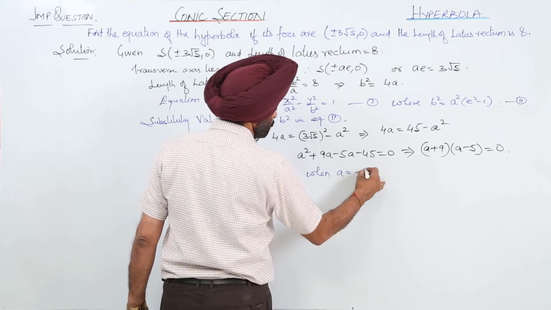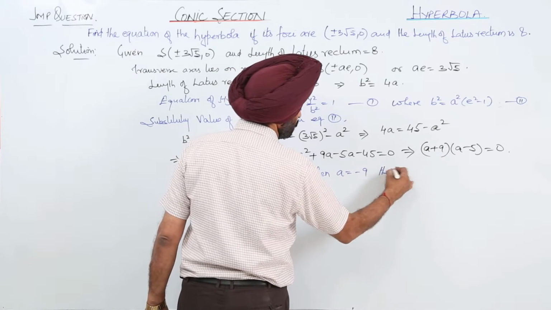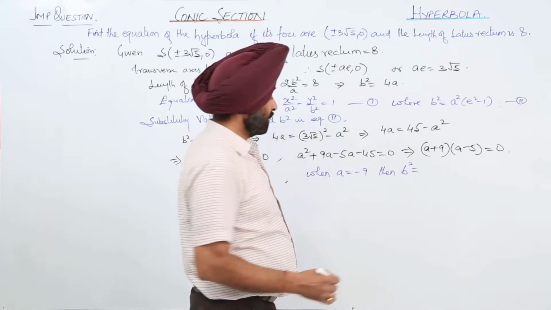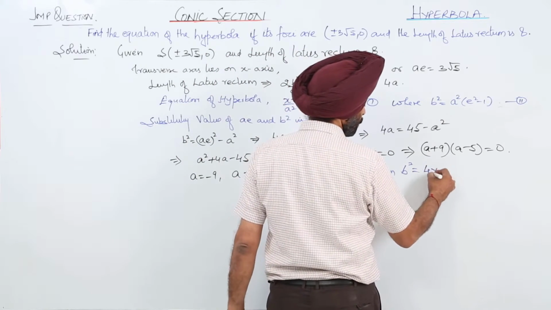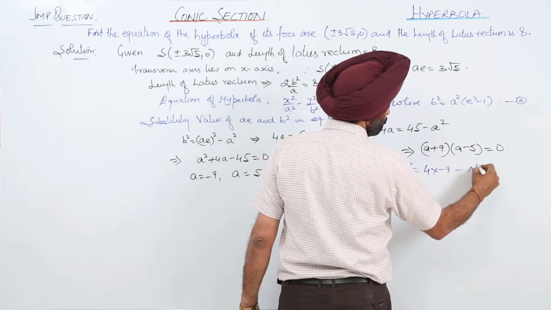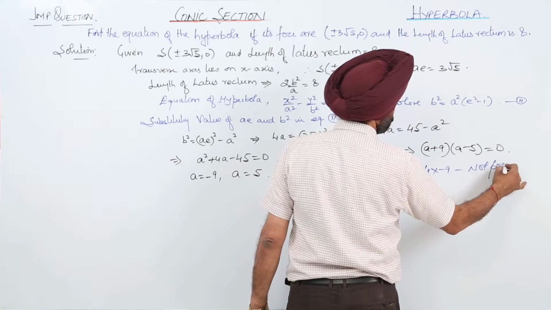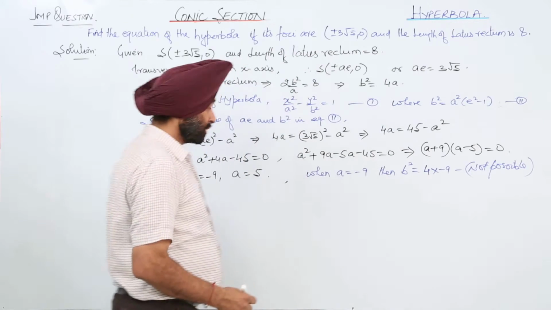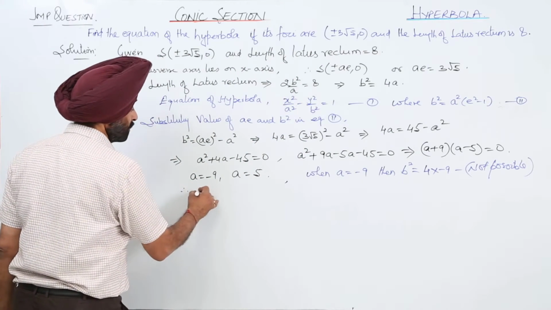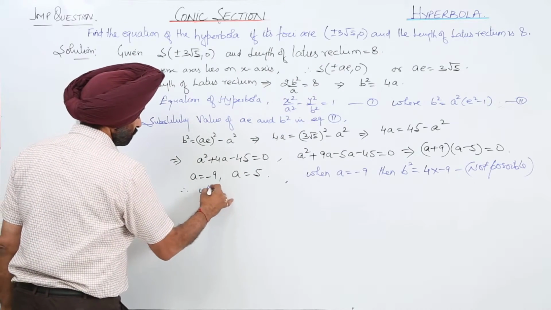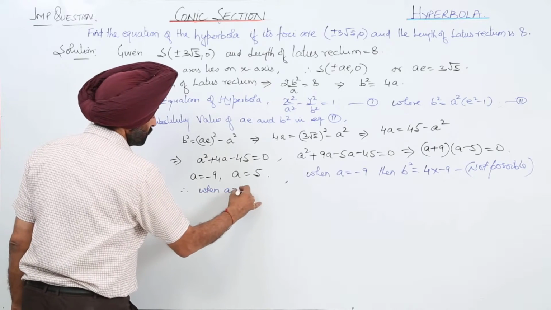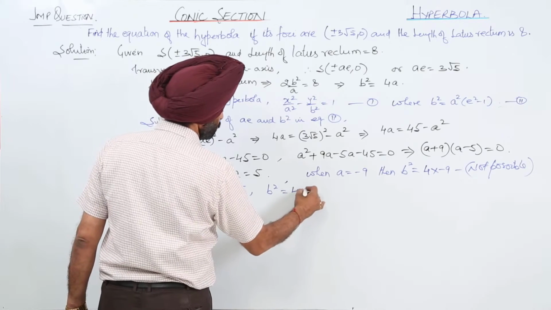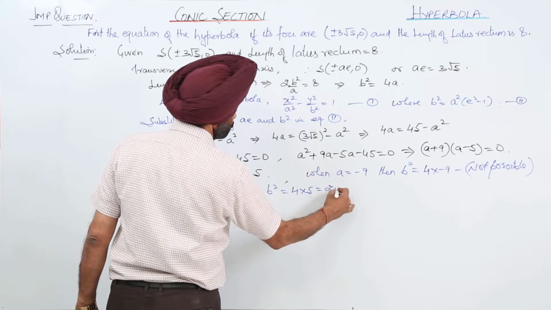When a is equal to negative 9, then b square is 4 times negative 9, not possible. Therefore, when a is equal to 5, then b square is equal to 4 times 5, which is 20.